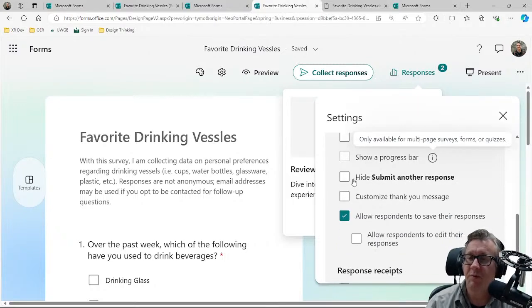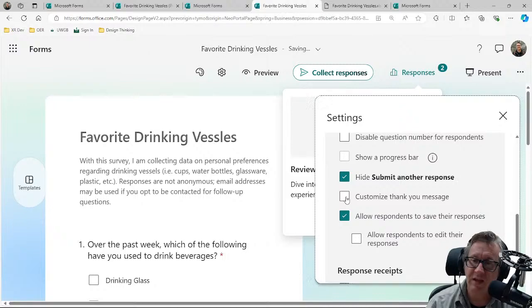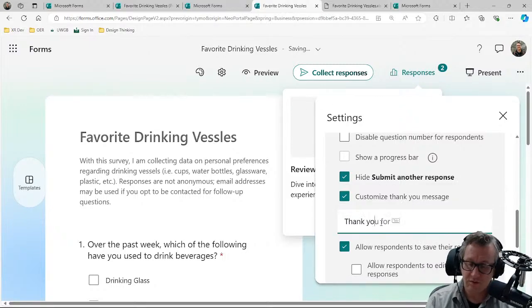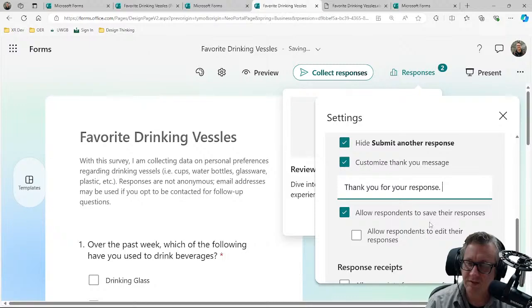Hide the option to submit another response. Customize the thank you message, which is always good. Thank you for your response. That's more beer oriented, I guess, so I don't need that. Thank you for your response.